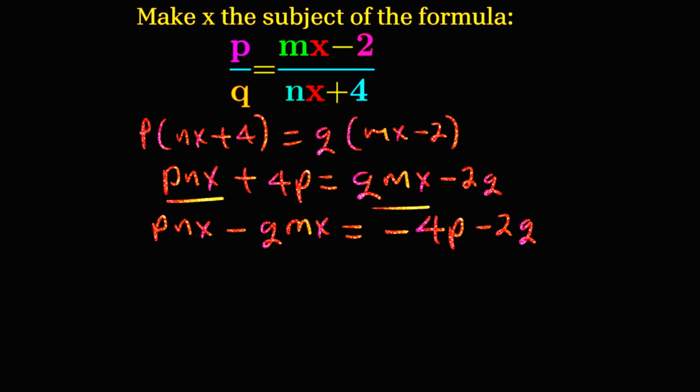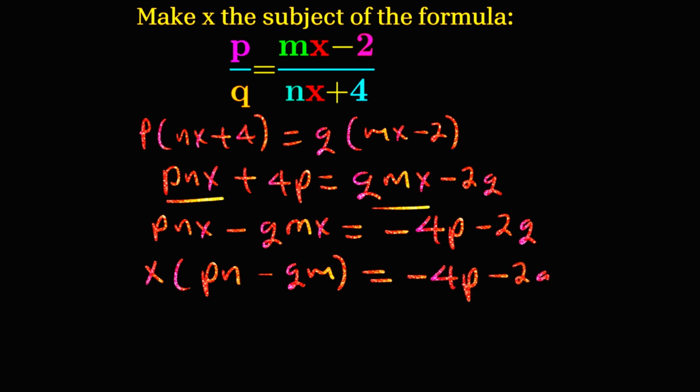So we factor out x because it is common in the left-hand side of this equation. So we have x into (pn minus qm), and that is equal to minus 4p minus 2q. So you can see that the rest of this is just to divide both sides of this equation by pn minus qm.